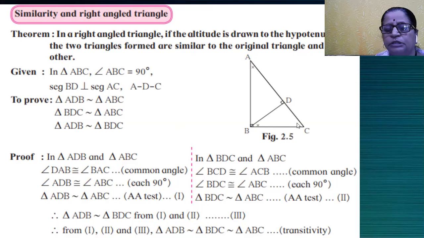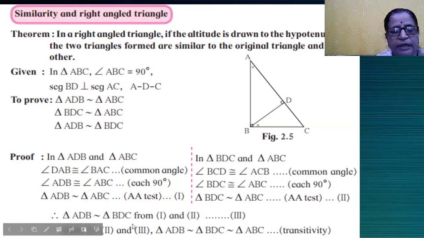This angle is also common for both triangles. And then the next angle we are going to see is angle BDC and angle ABC. These two are 90 degrees. So triangle BDC is similar to triangle ABC according to the AA test, it is equation 2.